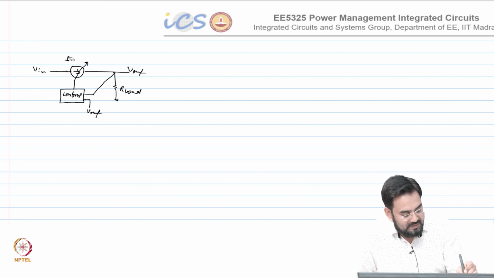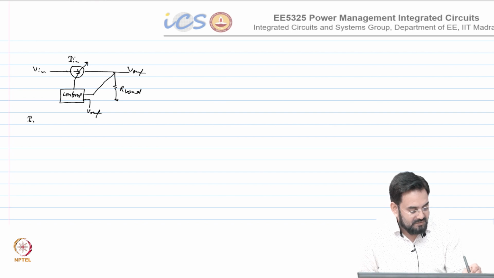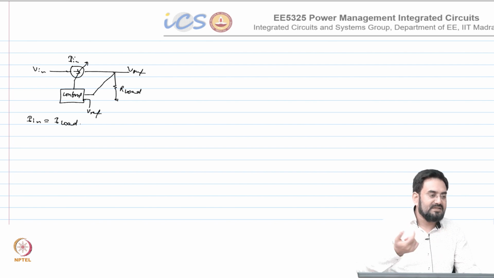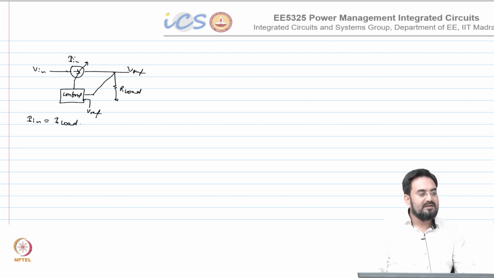So, which means your I in equal to I load. If your I in is varied based on the load current, whatever load you require, and it will supply the same load current, then your output will remain constant.